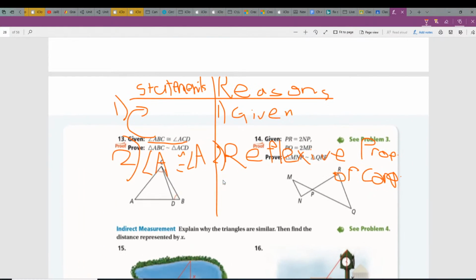That is number 2. Number 3 could be that they're similar because we have 2 angles. Remember, we have this angle right here and this angle, which they both share. So since we know about 2 angles, this other angle has to be congruent to the other triangle.